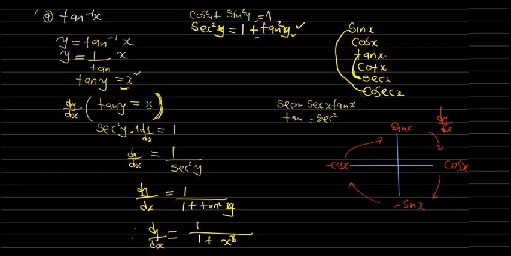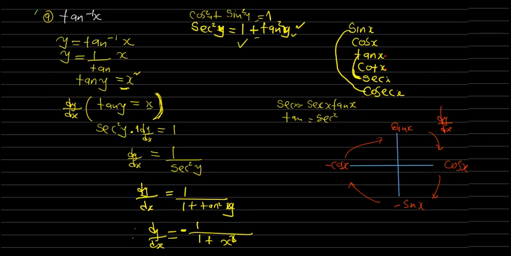What of cot inverse? Cot also applies the same, but here it will carry a negative, just like for cos. Try it for cot. It will still give the same, but you use the same identity, and here it will give you a negative.